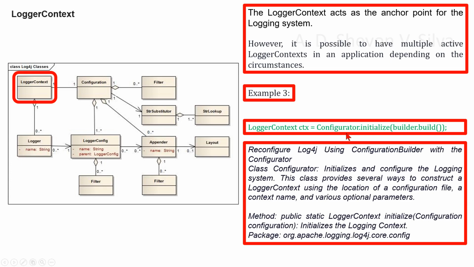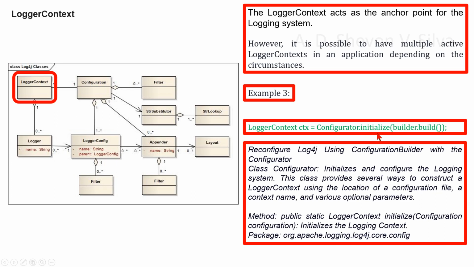Here you can see the class Configurator, which initializes and configures the logging system. This class provides several ways to construct a logger context using the location of the configuration file, a context name, and various optional parameters.